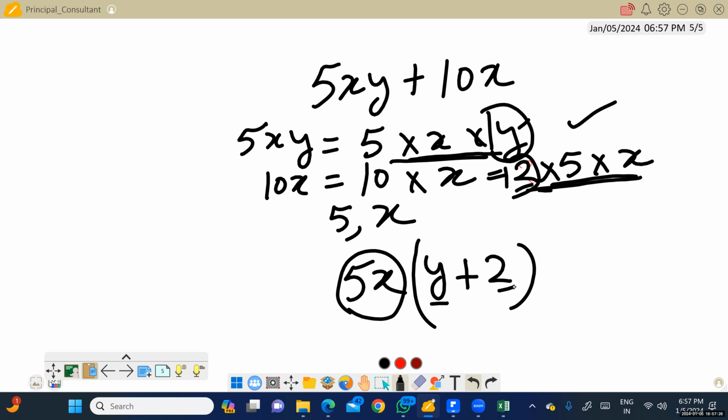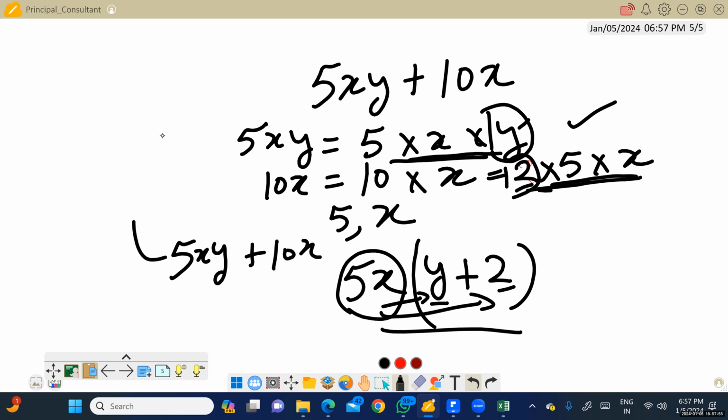Now, to check the answer: if I multiply this with this, I get 5xy, and if I multiply this with this, I get 10x.